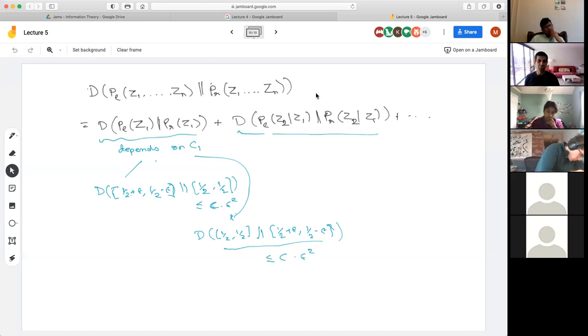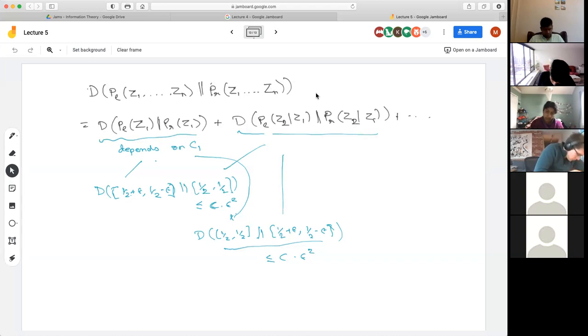No matter what Z1 came out to, you will look at Z1, you will look at your strategy very carefully, then you will tell me what C2 is. And now C2 will either ask to look at the coin in the left hand or the right hand, in which case I will calculate one of the two KL divergences that I wrote down. So again, it's either this one or this one.